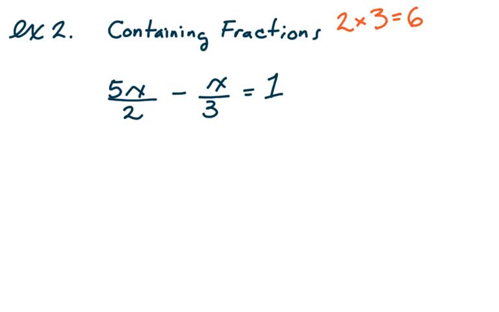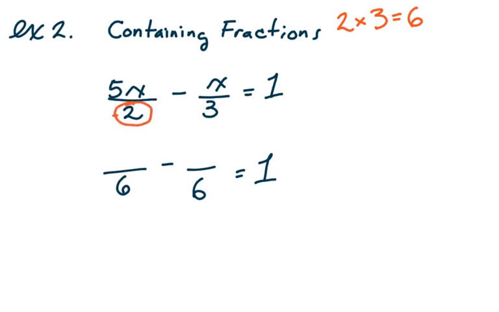I'm going to put both of my numerators over 6. The issue here is I have to change my numerators, and I'm going to do that by asking myself this question.